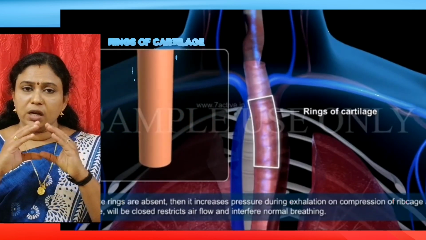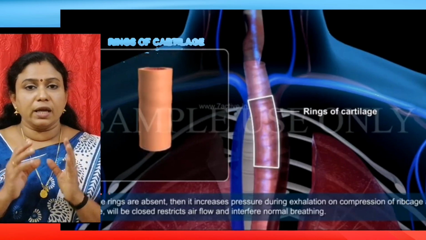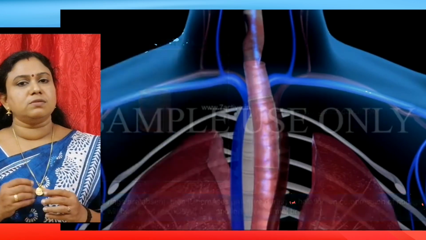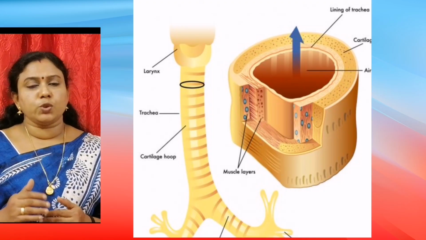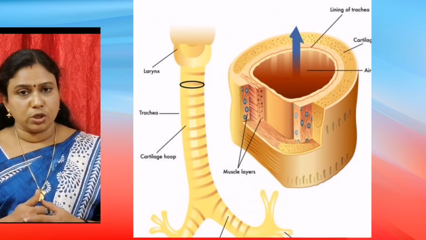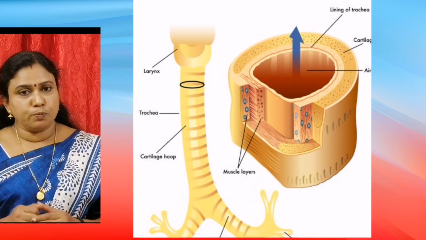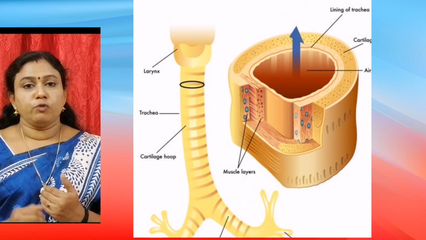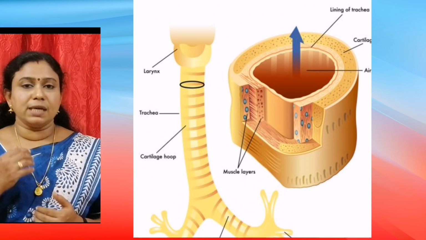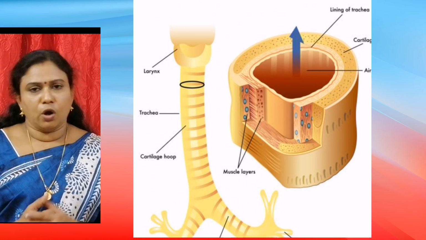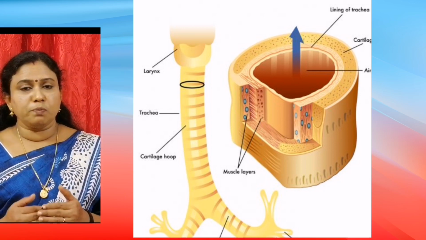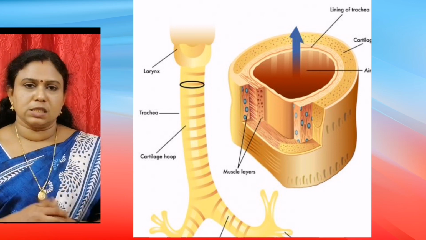Otherwise, the trachea will shrink when the air is not present inside it. This trachea is also internally lined with cilia and mucus, which help to protect the airways from being infected by dust, dirt or microorganisms and allow us to breathe easily without any disruption.